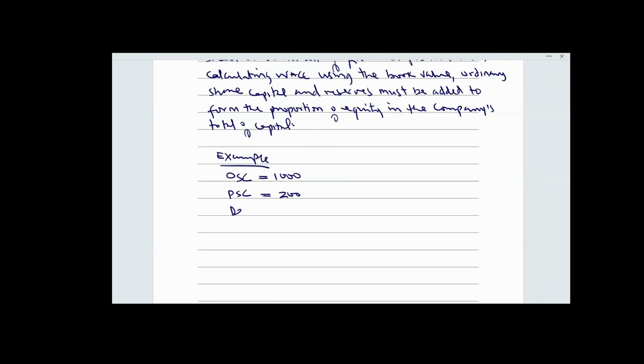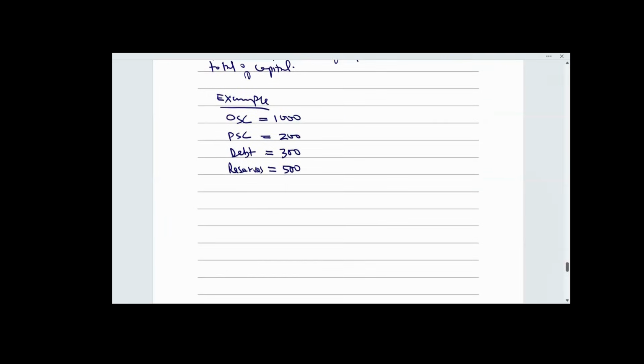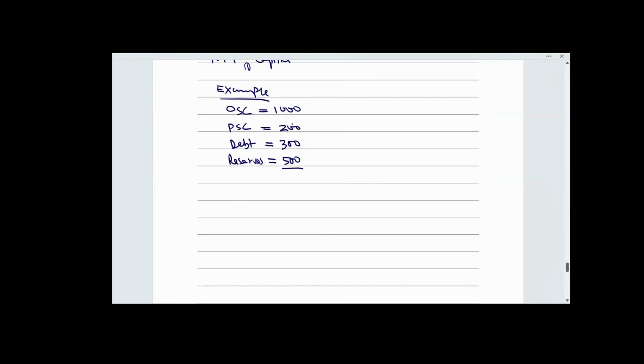You have debt capital of 300 naira, and then you are also given reserves, say 500. When you add everything together, total is 2,000. That's total capital or total value.